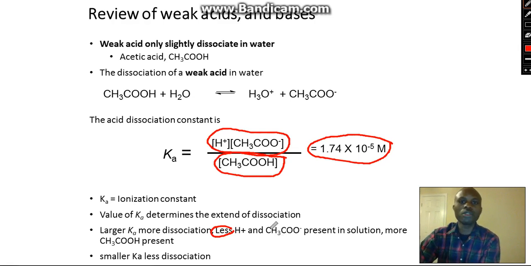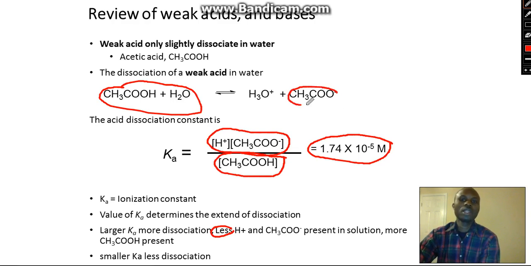Or we have more of the products for a larger Ka. For a smaller Ka, it means the extent of dissociation is very, very small. So it's only a very minimal amount of the reactants that have turned into product. It's a very minimal amount of acid that has dissociated into the ethanoate ion.